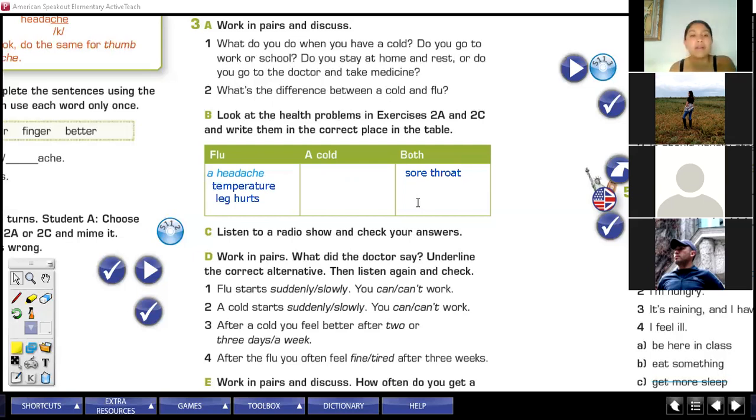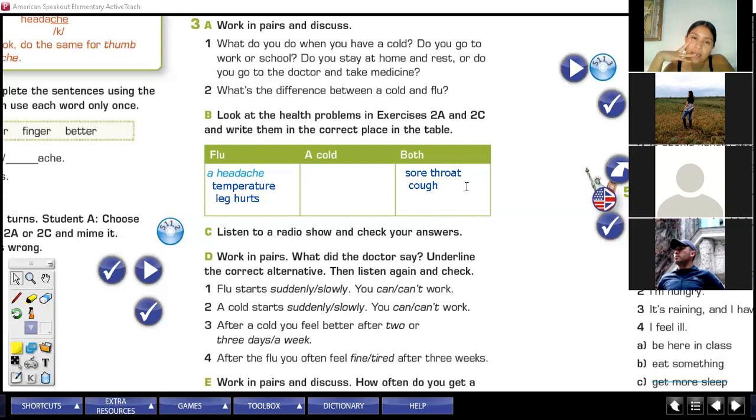Cough. Cough and sore throat. Sore throat, it's in both. Okay. Both. 1, 2, 3, 4. Temperature, cough, headache, leg hurts. We're missing one because she says 5 of them. Okay, sore throat, temperature, leg hurts, cough, and headache.